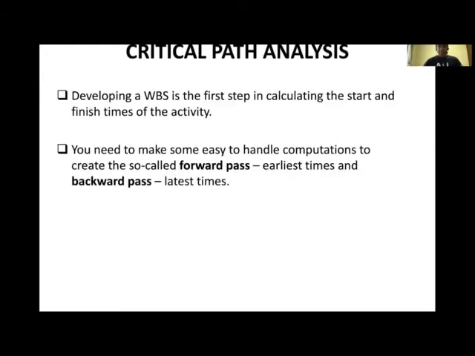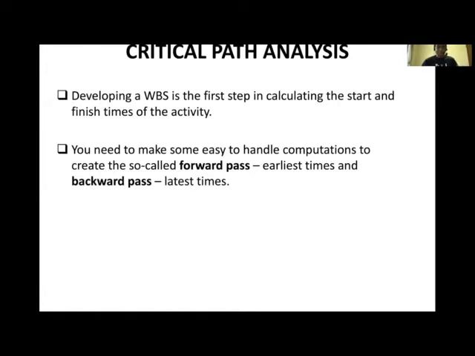Right? So now let's talk about critical path analysis. As we earlier alluded to, critical path method enables you to do the critical path analysis. So now, how do you do this? Before you do the critical path analysis, you must be able to perform three activities.